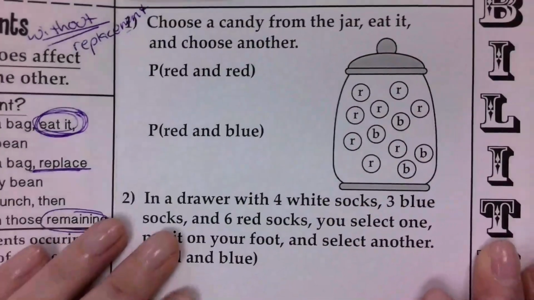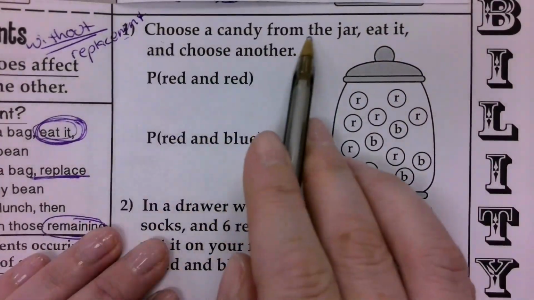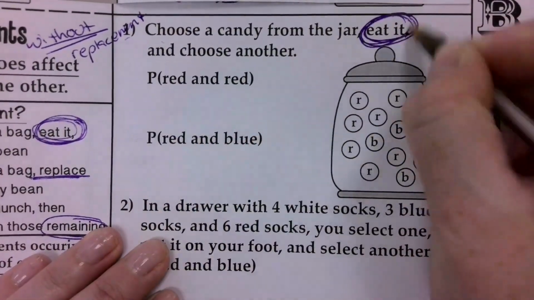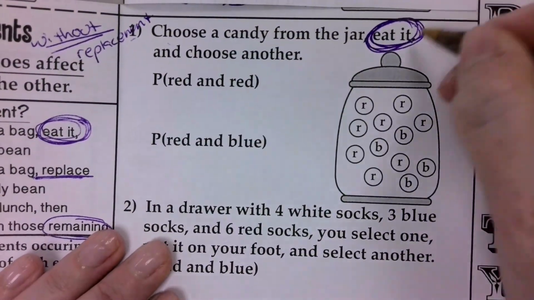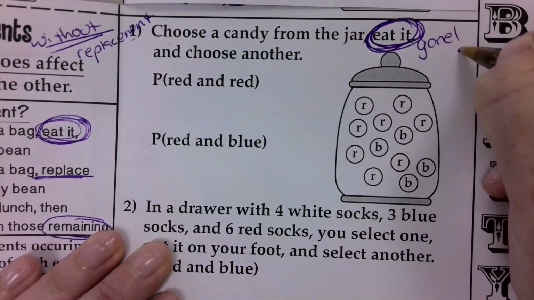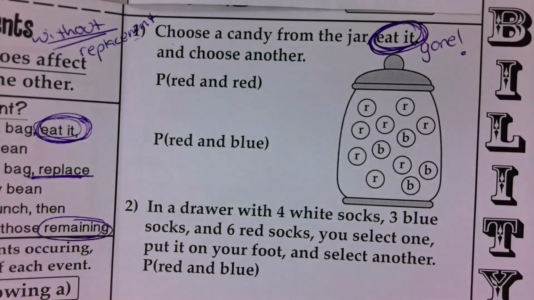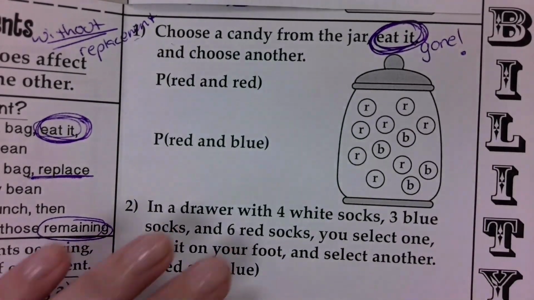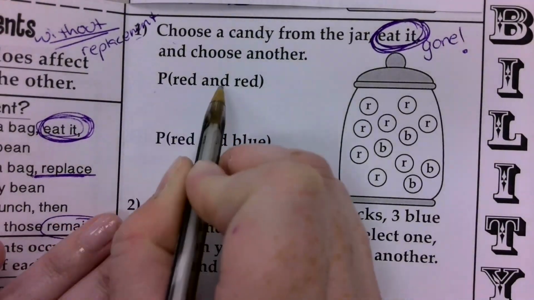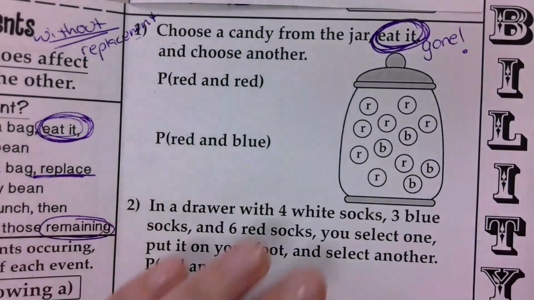Slide over with me. Choose a candy from the jar, eat it, and remember we're not being gross. If we eat it, it's gone. And then we're going to choose another. Now, I'm going to grab a pencil for this because I'm going to need to erase. What is the probability of drawing a red and a red? Well, let's make sure these jars are the same so we don't have to recount.